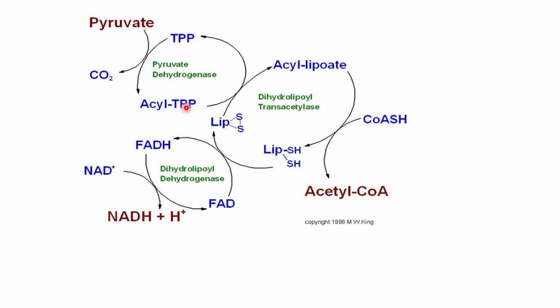From the acyl TPP, the second enzyme also acts on the acyl TPP. What this enzyme does is it will transfer the acetyl group to CoA. It will transfer this acetyl group to coenzyme A to form acetyl CoA.